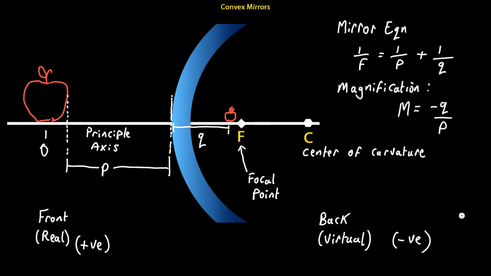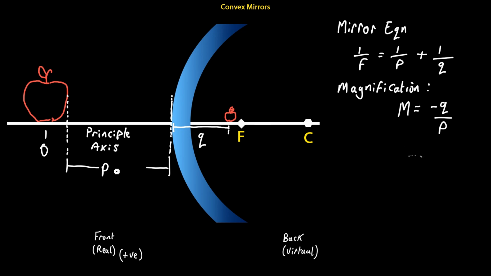So let's see how we can use ray diagrams and use these formulas to answer an example problem involving convex mirrors. So we have an apple that is placed in front of our convex mirror, and it's at a distance of 100 centimeters from the mirror's surface.